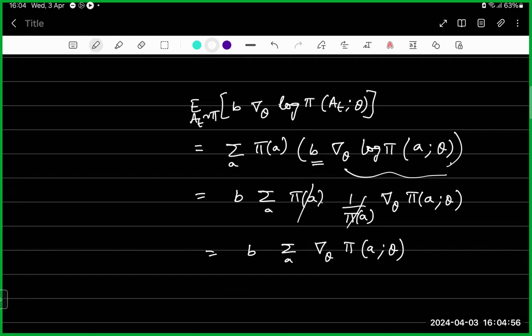Why? Yeah, because you can bring the summation inside the derivative, and what will happen? It's like one, right?